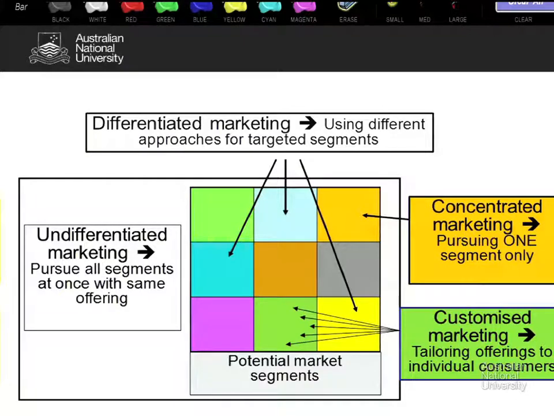And we'll take Coca-Cola as the example. Undifferentiated marketing from the Coca-Cola perspective would be Coke cans everywhere. You can get Coke at the cricket, you can get Coke at football, outside this lecture theatre, every 7-Eleven, every IGA, every store. So you could argue that Coke is a mass undifferentiated, it's in a can, it's called Coke, it's there.